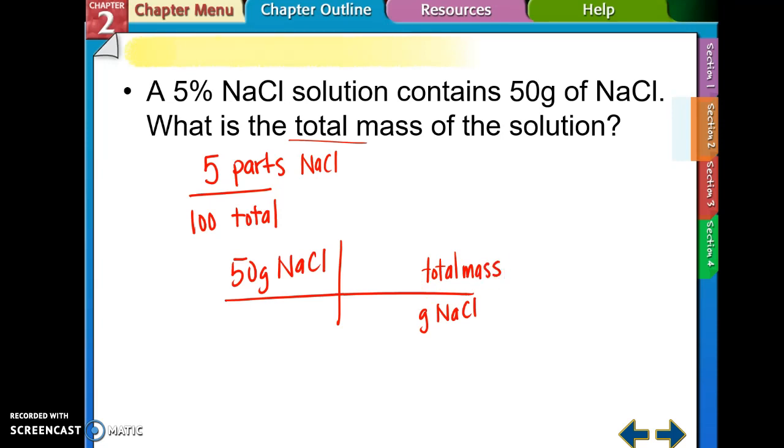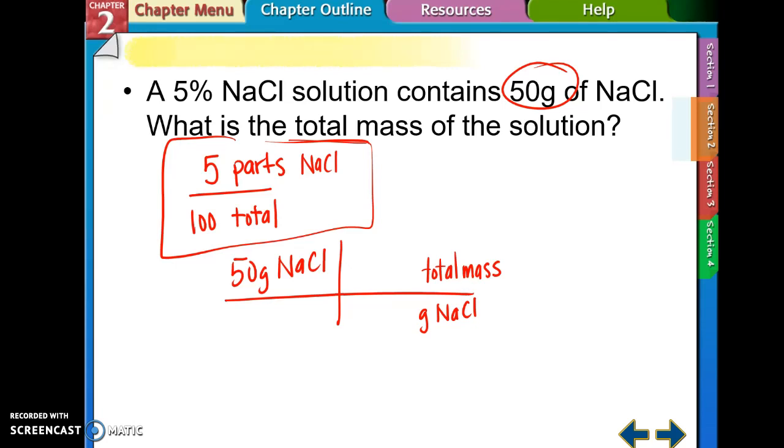And so the total mass right here, I'm going to take my conversion factor that I wrote, and I got 50 grams from the problem. I'm going to take this conversion factor that I wrote right here, and I'm going to put it in the problem. But I have to pay attention that my units match up. So in the conversion box, it says 5 parts per every 100 total.